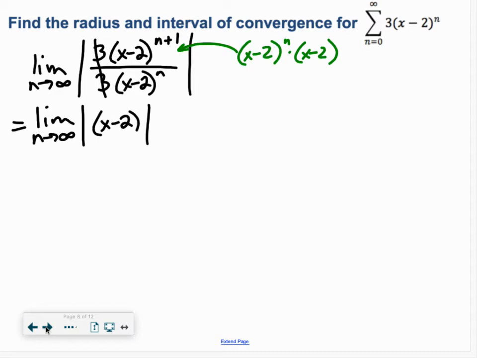So what do we do with this? Well, now we're thinking about what those values of x have to be. We know that the series converges if our limit is less than 1. So what we end up with is absolute value x minus 2 is less than 1.